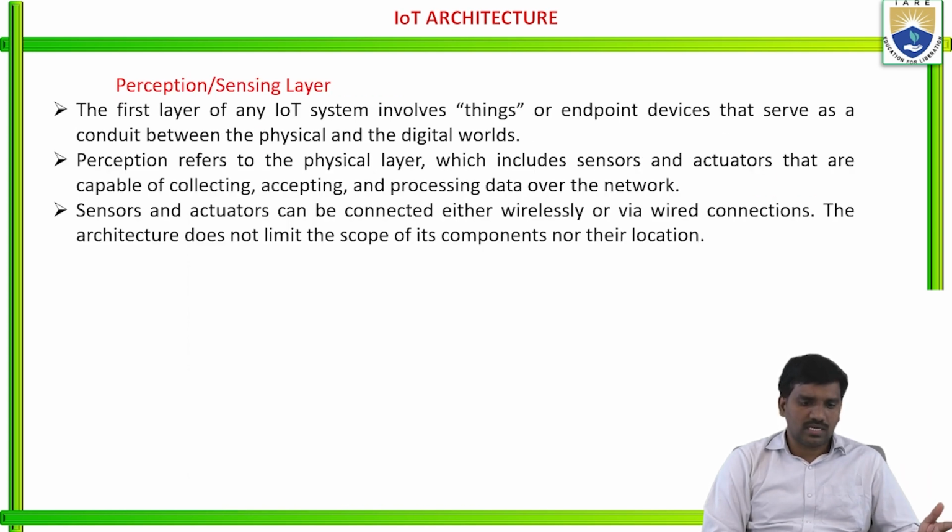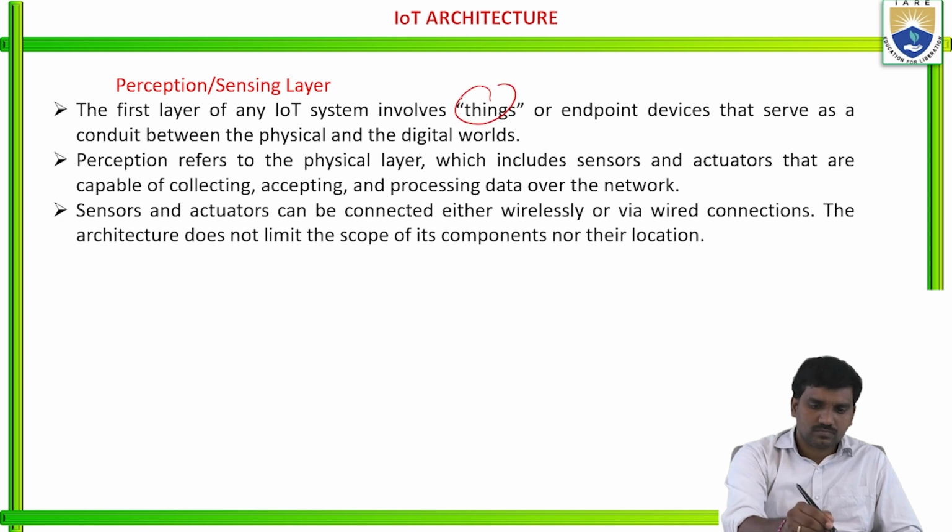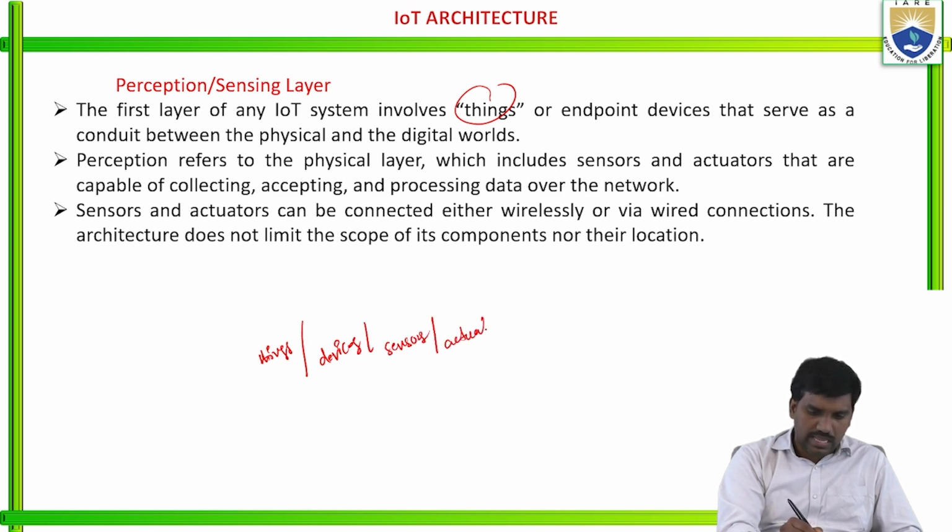Next, let's start with the first layer, the perception or sensing layer. The first layer of the IoT system involves things. Things are nothing but devices, sensors or actuators.